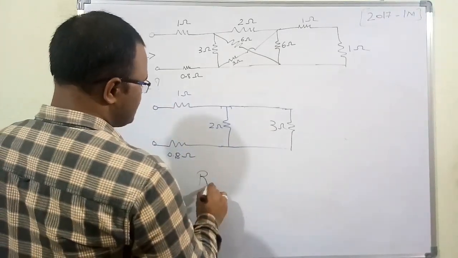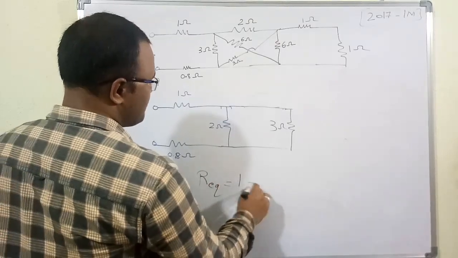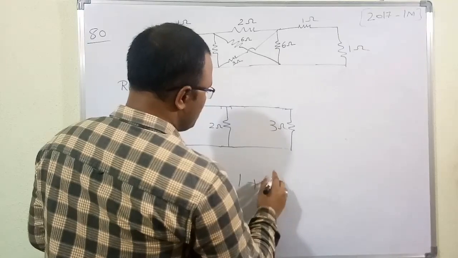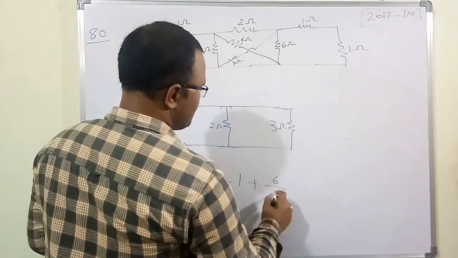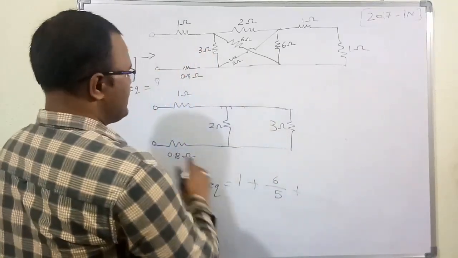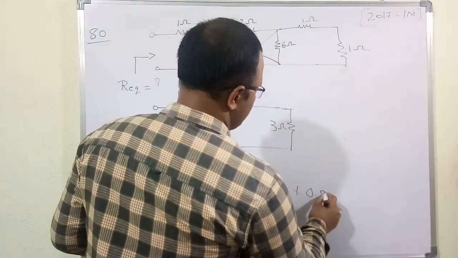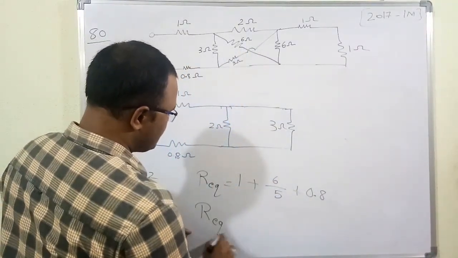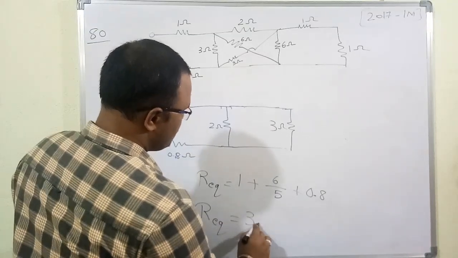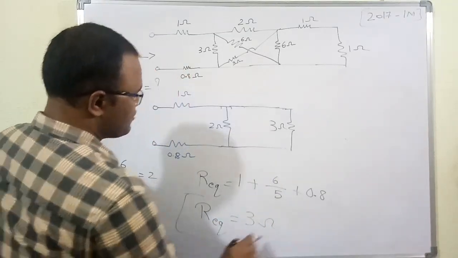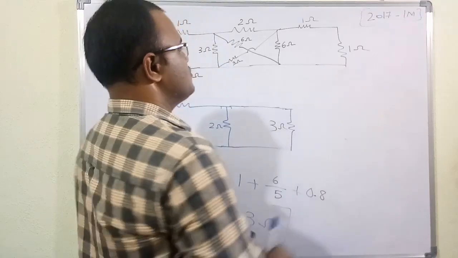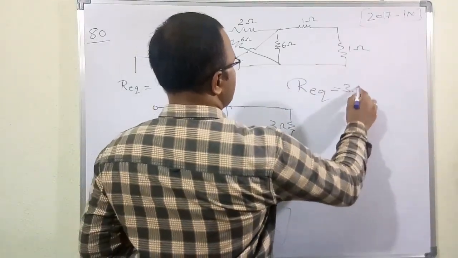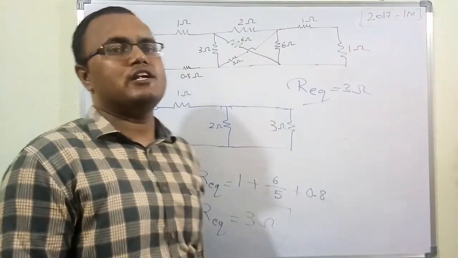Therefore, R equivalent is equal to 1 plus 2 parallel 3, which means 2 into 3, 6, by 2 plus 3, 5, plus 0.8. If you do the simplification, finally R equivalent is equal to 3 ohm. This is our required solution, our final solution.